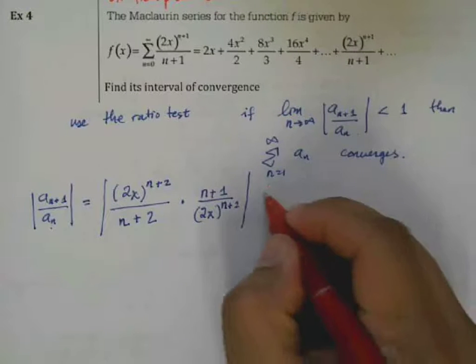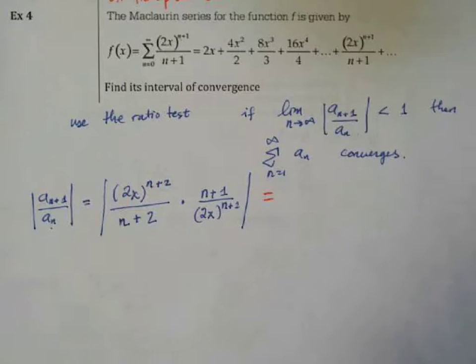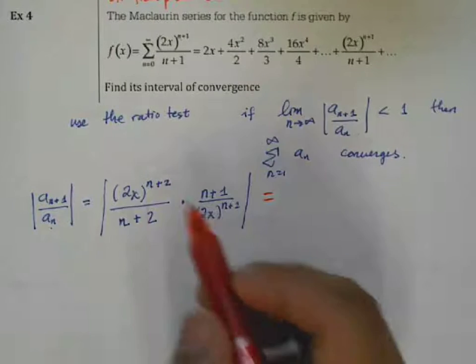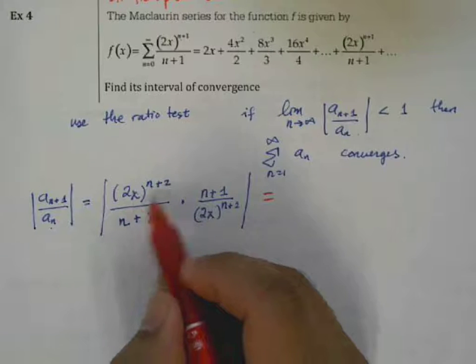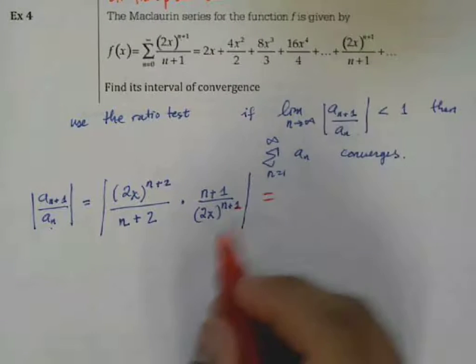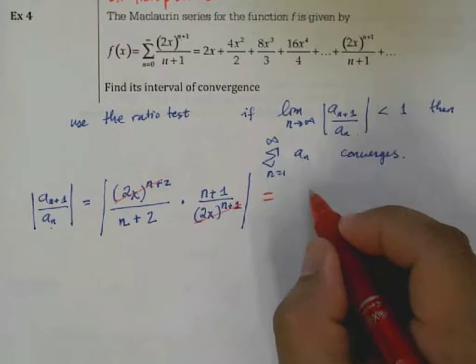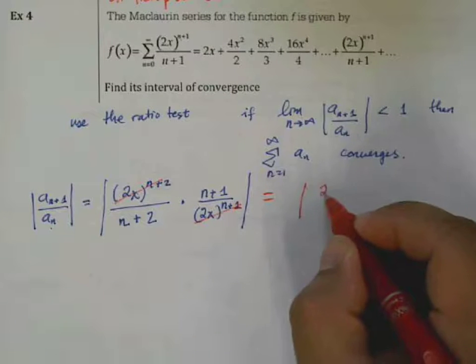Let's see what happens here. I'm changing colors just so we don't get stuff mixed up. Some of this might get pretty gnarly and complicated, so we just try to cancel things out slowly. The 2x to the n plus 2 and the 2x to the n plus 1 are almost the same thing. They're going to cancel out, and all you're going to have left is 2x.